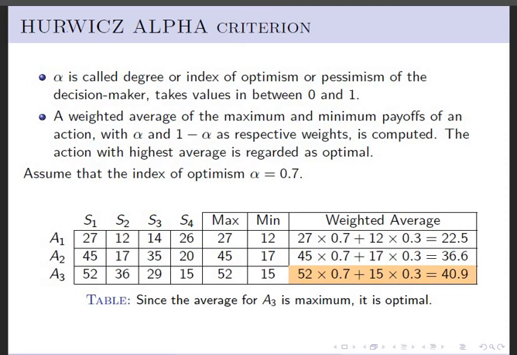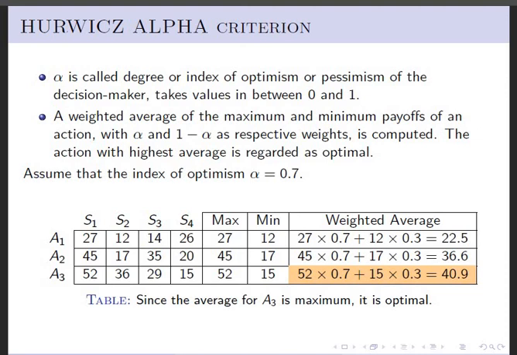Since 27 is the maximum payoff and 12 is the minimum payoff, the weighted average is 27 multiplied by 0.7 plus 12 multiplied by 0.3, equal to 22.5, which means 0.7 is the rate of optimism and 0.3 is the rate of pessimism.